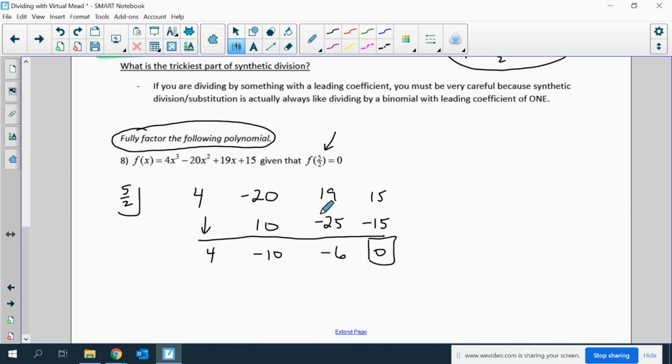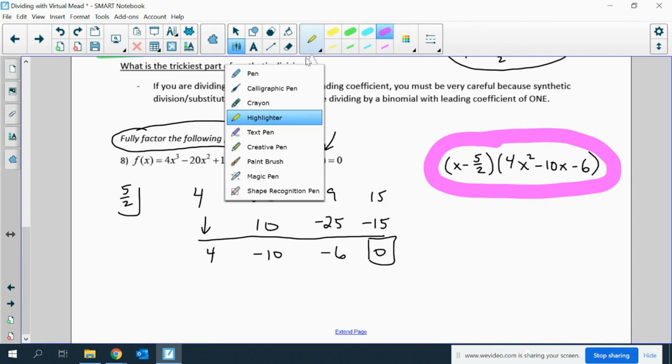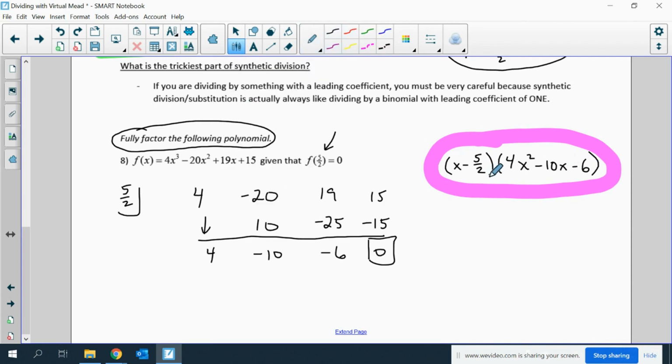Now what's happening is I've now factored this, but what I've factored it into is x minus 5 halves times 4x squared minus 10x minus 6, which is kind of a weird way to write this. This is kind of strange. So we typically don't write things like that normally.